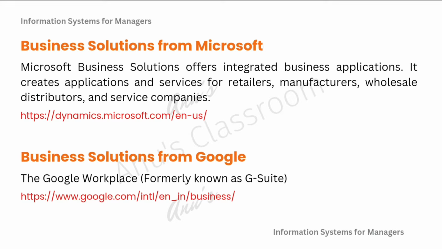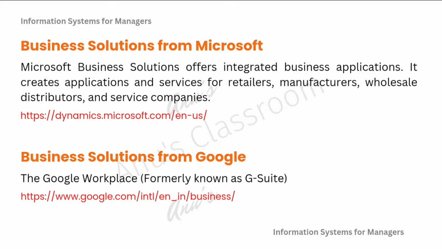From Microsoft, you can go to dynamics.microsoft.com. As we said, Microsoft 365 is there. Microsoft Business Solutions are offered, which can help retailers, manufacturers, wholesale distributors, service companies, and a lot more. Even from Google, we have the Google Workspace, which is formerly known as G Suite.